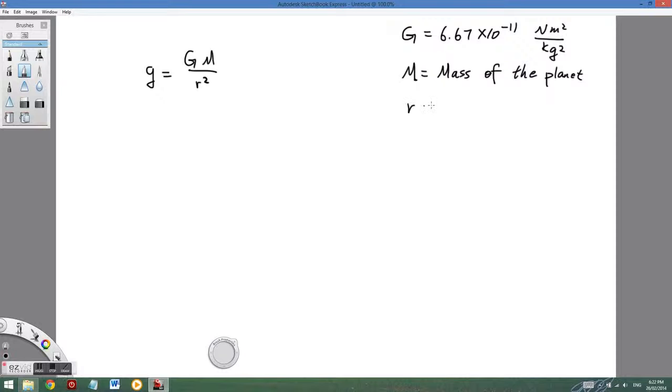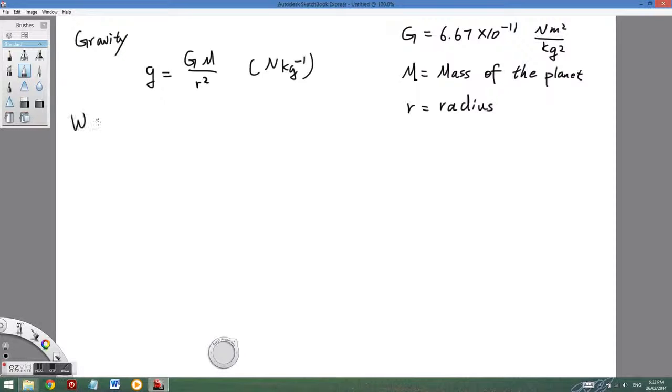Now R will be the radius, the radius from the center of the planet. So we have gravity measured in newtons per kilogram.